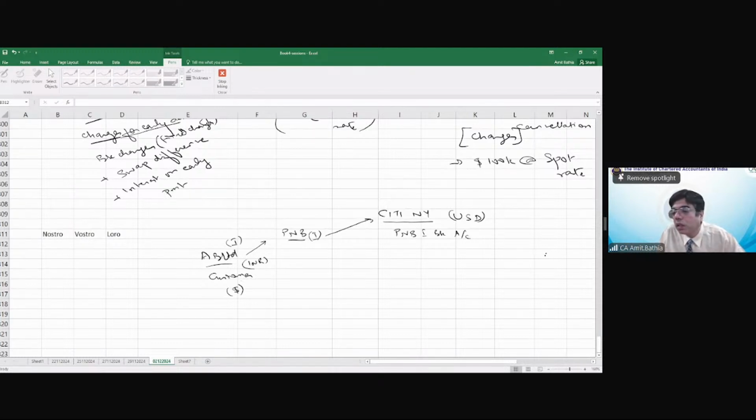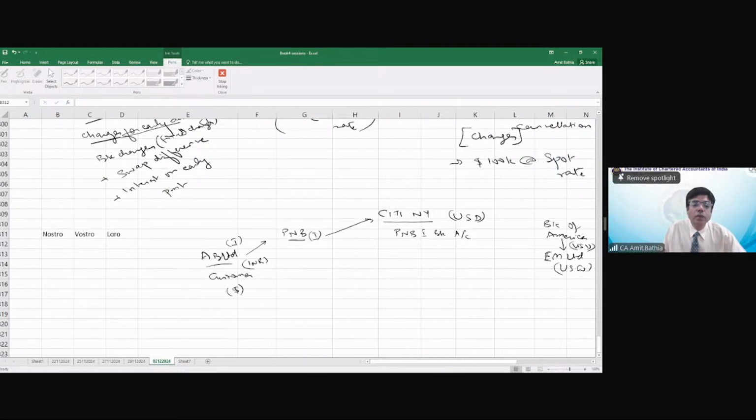Now, say for example, there is a client over here, EM Limited, which is a US company. AB Limited has an obligation to pay some dollars to EM Limited. Now, EM Limited has an account with, say, for example, Bank of America, of course, in USD.